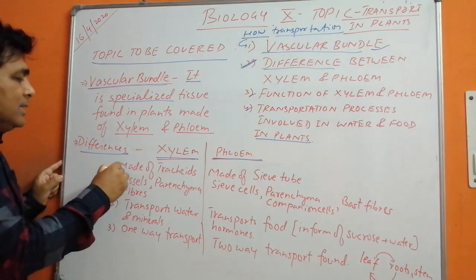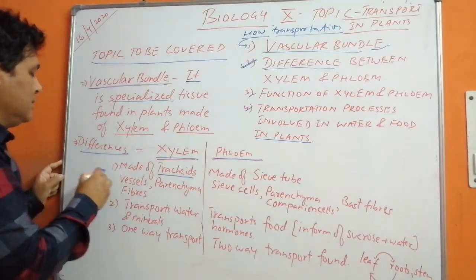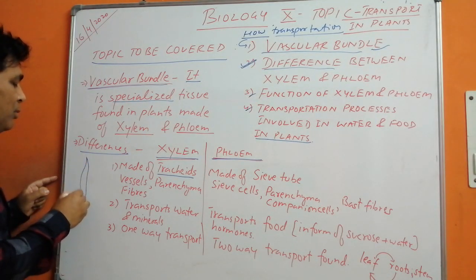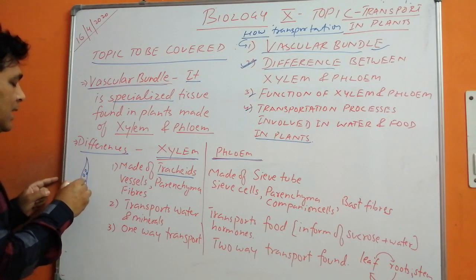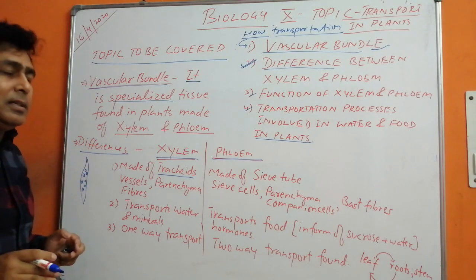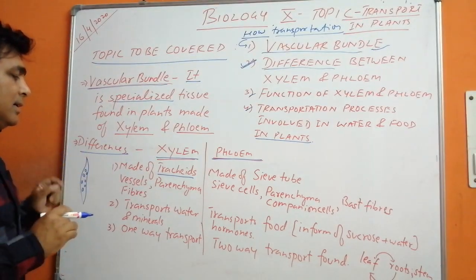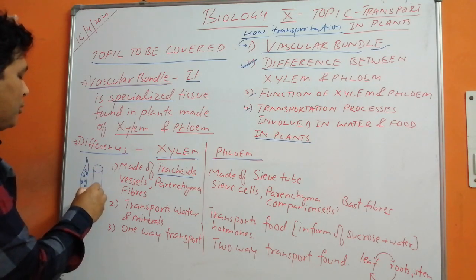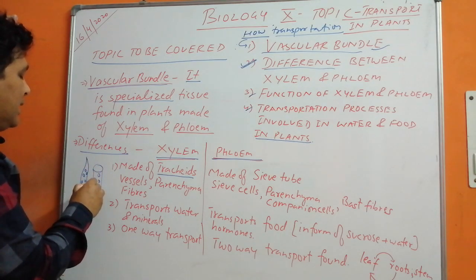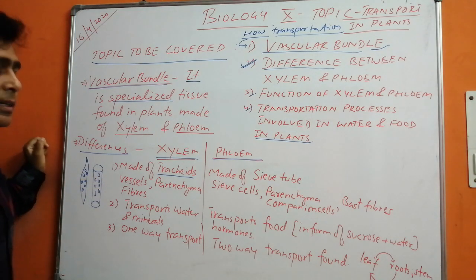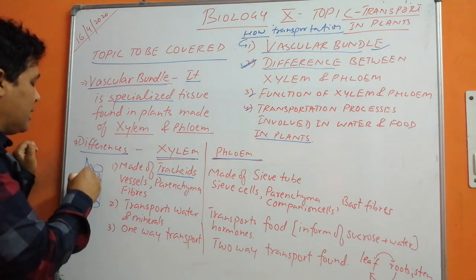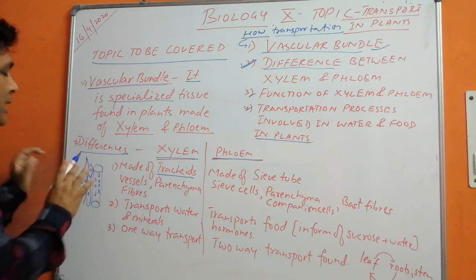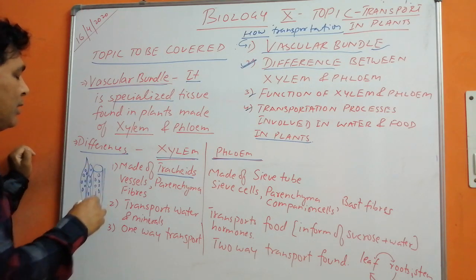First, xylem is made of tracheids, then come the vessels. Tracheids are tapered at both the ends and they are made up of sclerenchyma. This is a dead part. Now come the vessels. The vessels are tube-like structures and they also have perforations in between. Then xylem parenchyma cells are also found. These cells are found in between, and then fibers are also found, children.